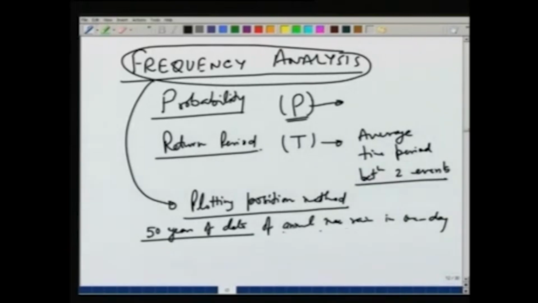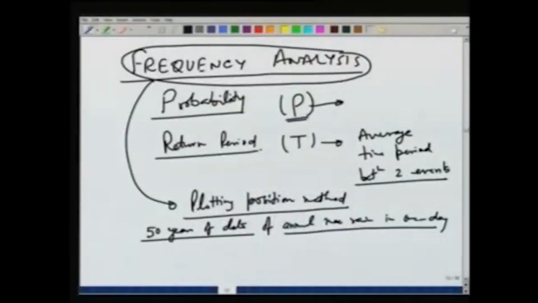Now, this may be in 1 day, it may be in 1 hour, 6 hours, 18 hours, whatever time period we choose. So, we have the maximum value, let us choose the period of 1 day. We can arrange it in the decreasing order. So, we have depth of precipitation and its order, the order or rank, in decreasing order.